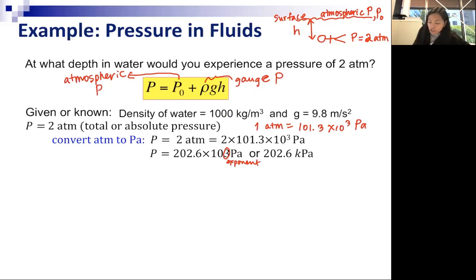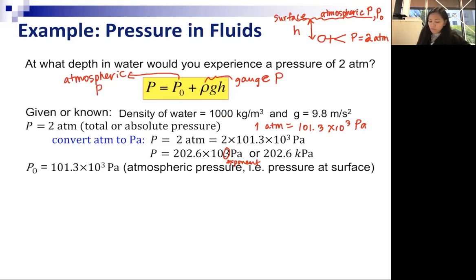All right. So we know everything except for the height, which is what's being asked. P0, that's the atmospheric pressure. It's 101.3 times 10 to the 3 pascals. That's the pressure at the surface.